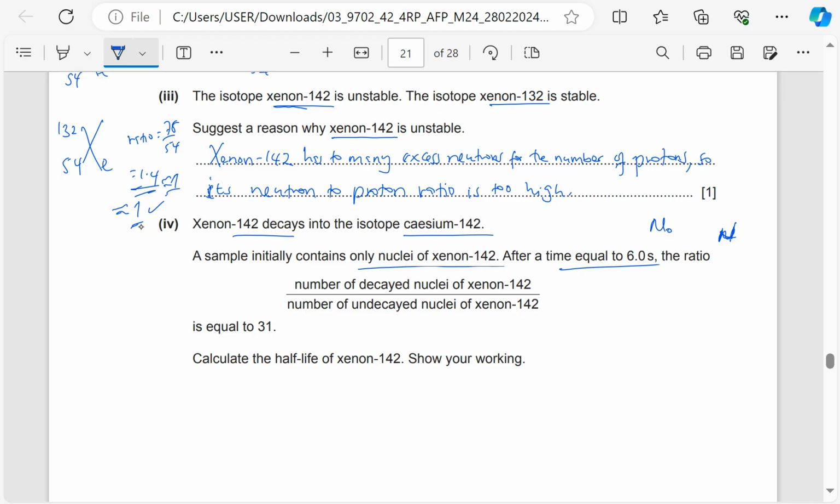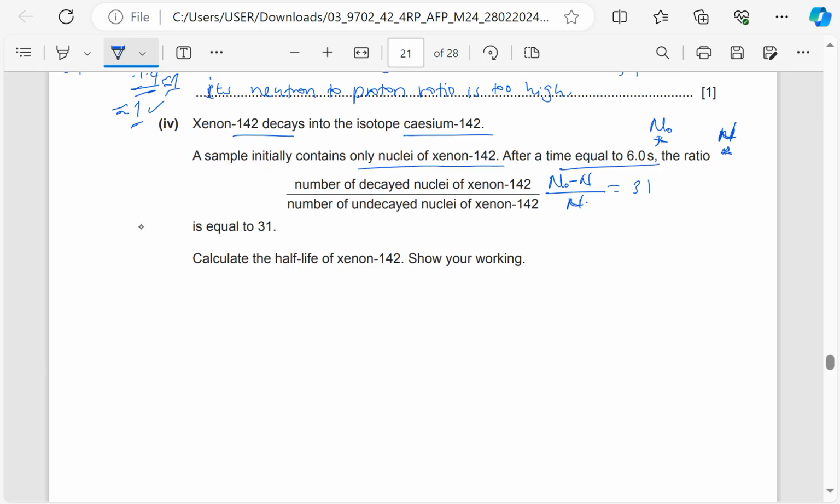The number decayed is n naught minus n, the difference between initial and present. What has not decayed is what is present, that is n. So n naught minus n over n is 31.